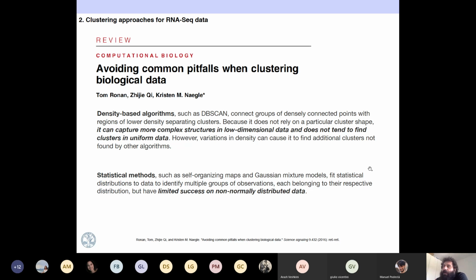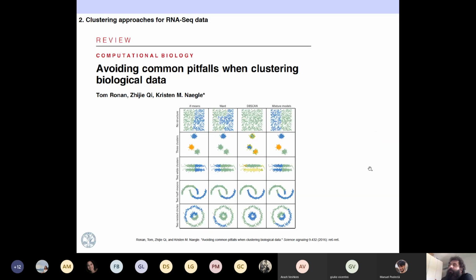As I said, these statistical methods can be very different between them. Basically, they say that they have limited success with non-normally distributed data. So even if you have some opportunity to use those for your RNA-seq data, they are not common, because if you have non-normally distributed data, they may not be the best.